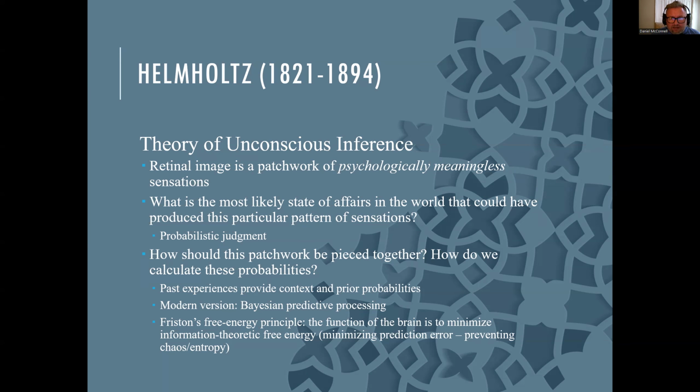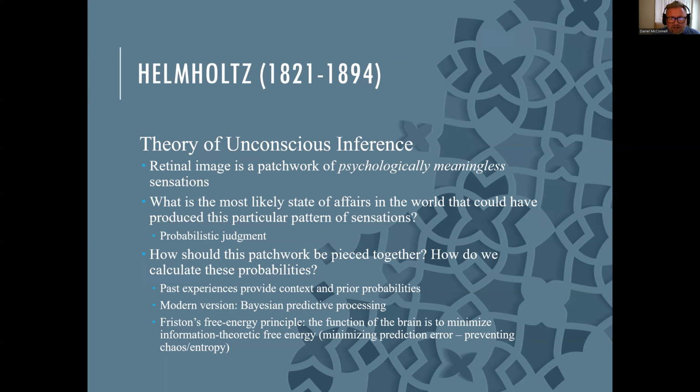So in this situation, according to Helmholtz, we receive what I'm calling a patchwork or pointillistic array of light intensities, psychologically meaningless sensations that are encoded by the receptors in the eye. The brain receives that data and has to interpret it. One of the things it's going to use in this interpretive process is past experience.